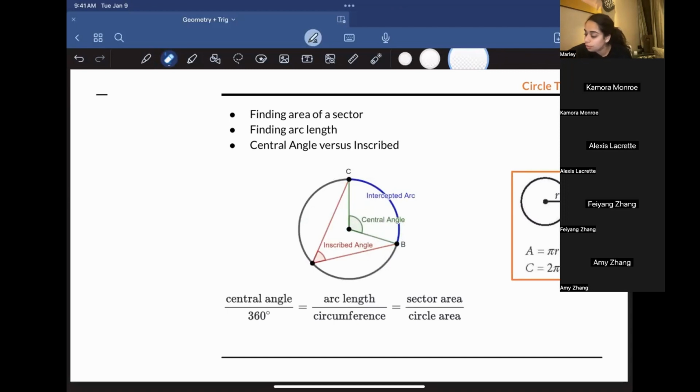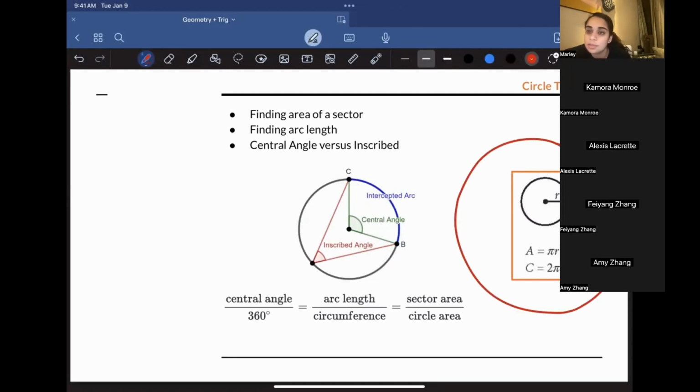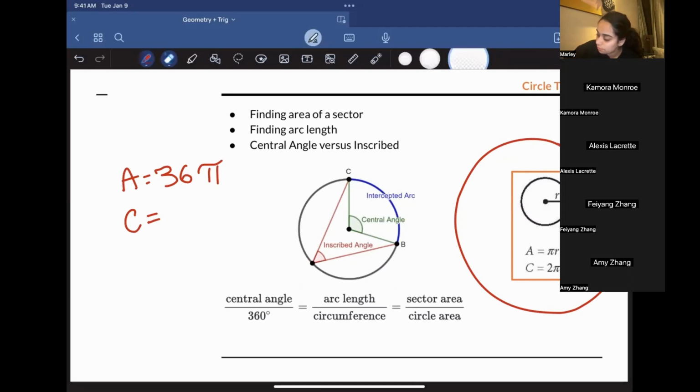The two other really important equations in circles are A equals pi r squared, which is area, and circumference is 2 pi r. And the really, really nice thing here is that pi is the same. So if you have the area, you can figure out the circumference. Let's say the area equals 36 pi, and the question asks what is the circumference.